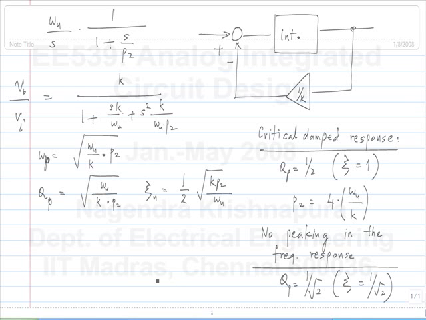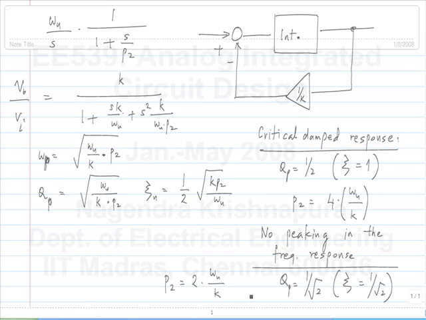So, this gives P2 being 2 times omega u by k. What will be the time domain response in this case? It will overshoot a little bit and come back.